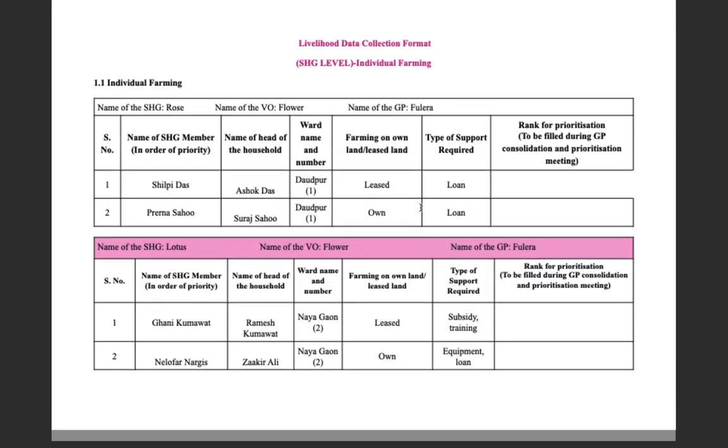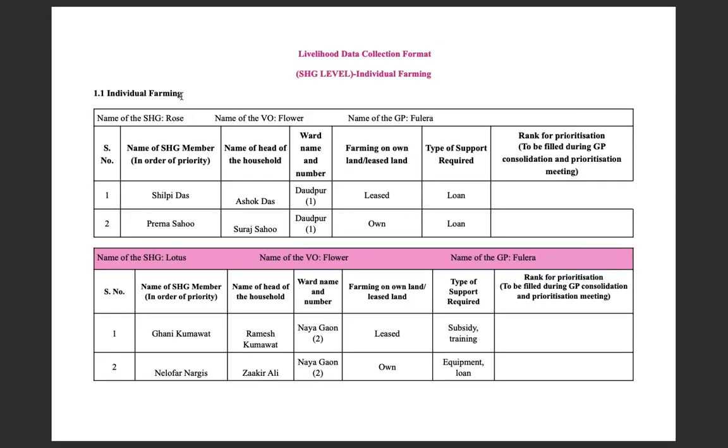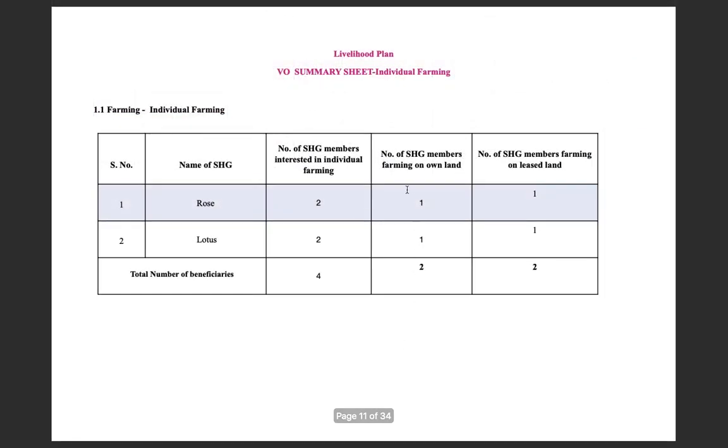So when we go back and see, in Rose SHG, 1 person wants to do it on own land and 1 person wants to do it on leased land. Similarly, from Lotus SHG, 1 person wants to do it on leased land and the other person on own land. So here we have written that in Rose SHG, 1 person on own land, 1 on leased land, and in a similar way for Lotus SHG.